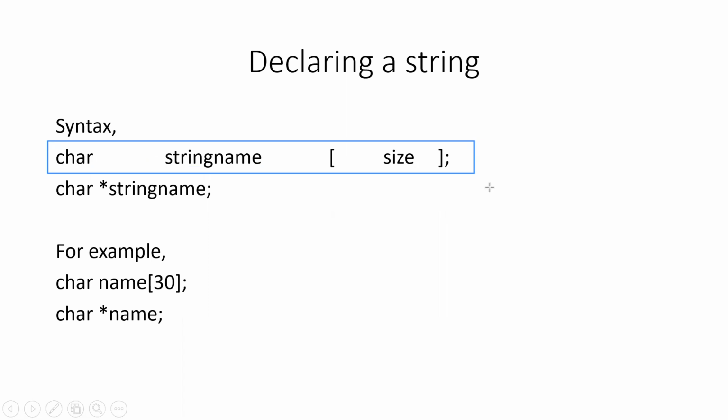Give the name of the string and then specify the maximum size of the string. In the second method, you do not need to specify the size. Simply use the dereference operator before the identifier name to indicate that you want to create a string.